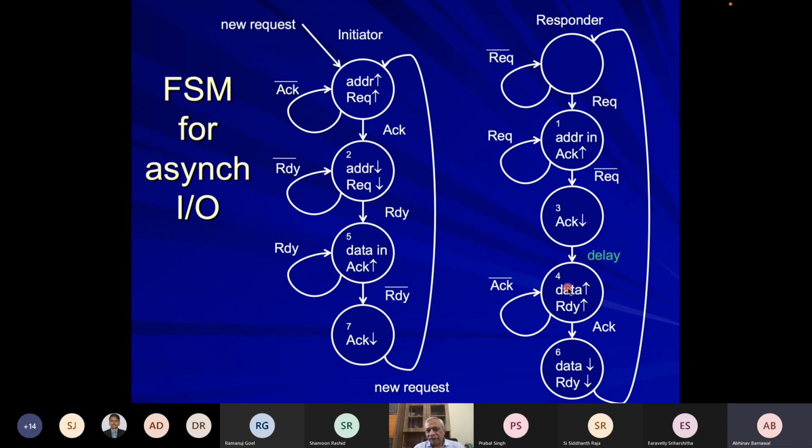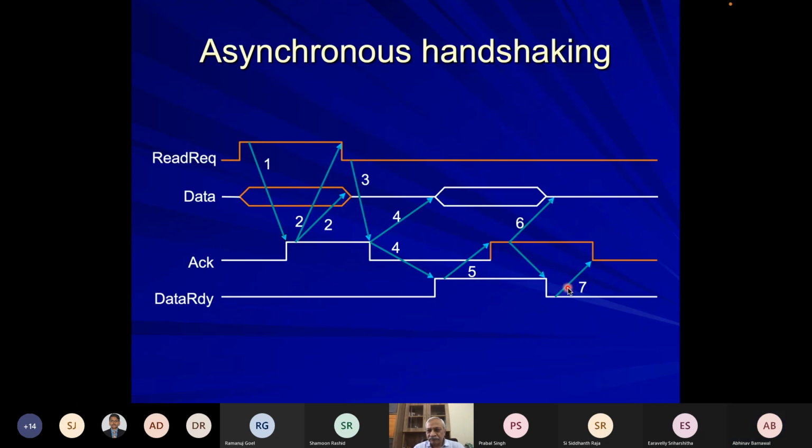So in the previous diagram, you said that the initiator waits for acknowledgement to become 0, right? What waits for this acknowledgement to become 0? Acknowledgement is a signal which in this case is shown to be driven by both sides.